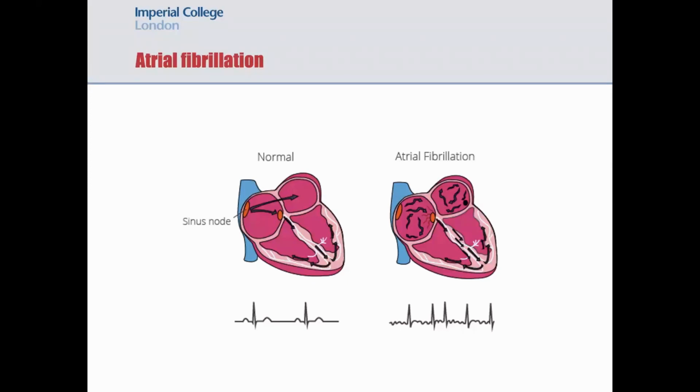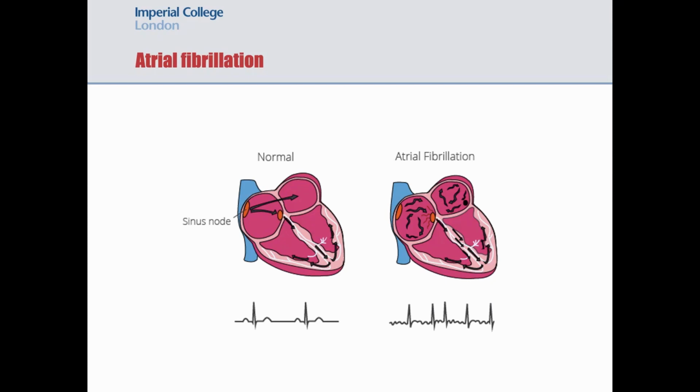On the left-hand side, you see the normal electrical current signal goes from the SA node to both atria, making them contract. However, in AF, you have a lot of background electrical current running in both atria, and some of them will get conducted through the AV node, but some of them just stay within the atria.